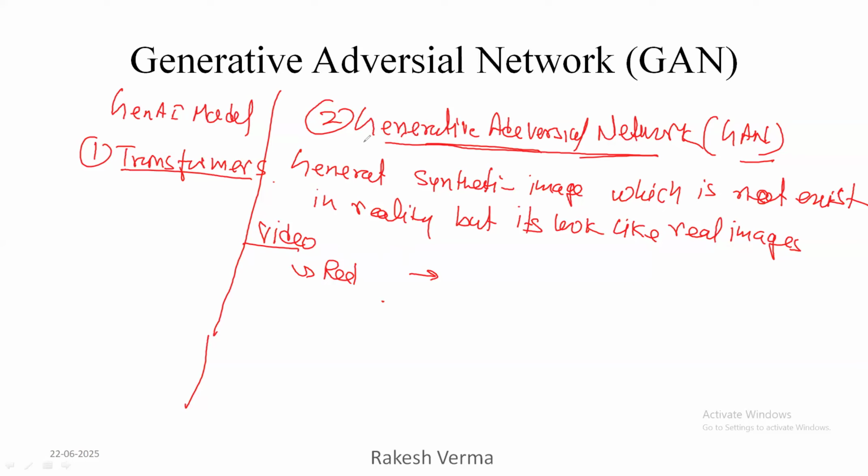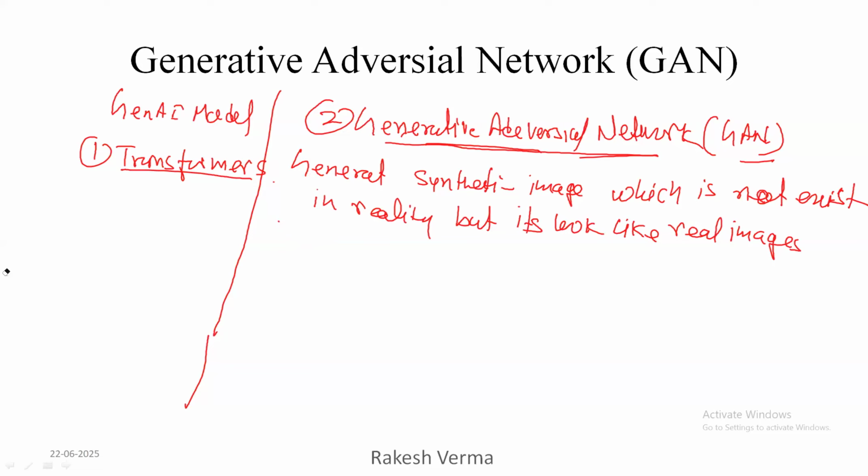So nowadays everyone uses this type of network to generate different types of content, either an image or audio or video like this. So when we talk about this one, it is able to generate or create a synthetic image which does not exist in reality, but looks like a real image.